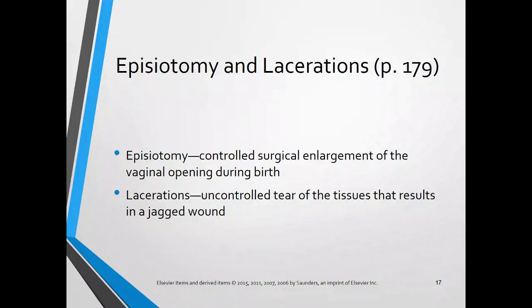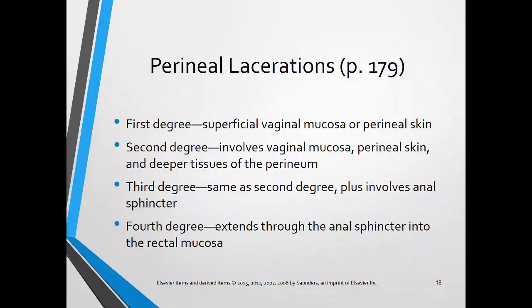Another thing that a provider can do is an episiotomy, and then there are lacerations. An episiotomy is what the provider does, a controlled surgical enlargement of the vaginal opening, whereas lacerations are uncontrolled, so these just tear on their own. There are 4 different degrees of lacerations.